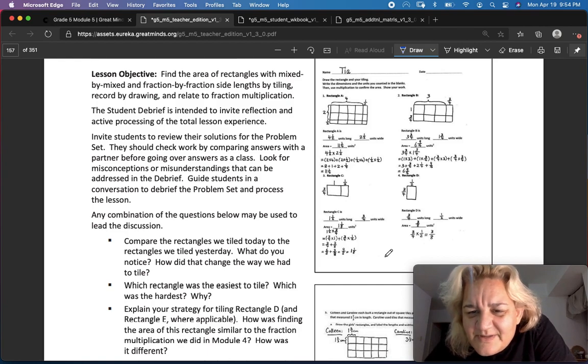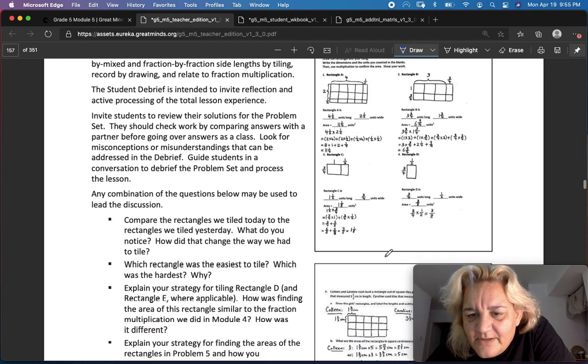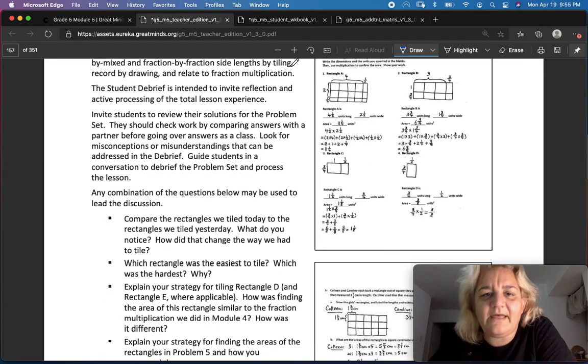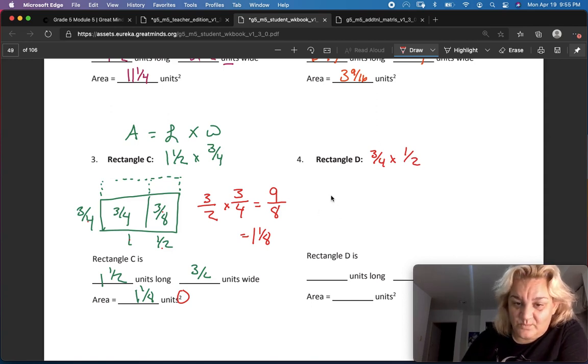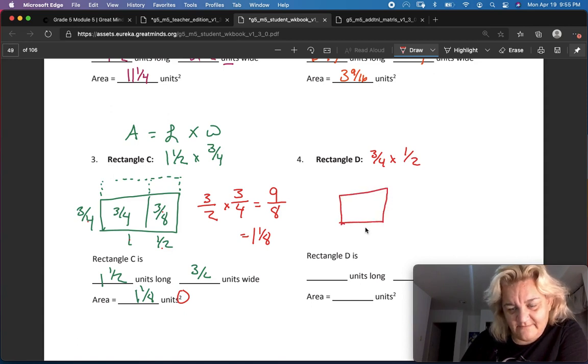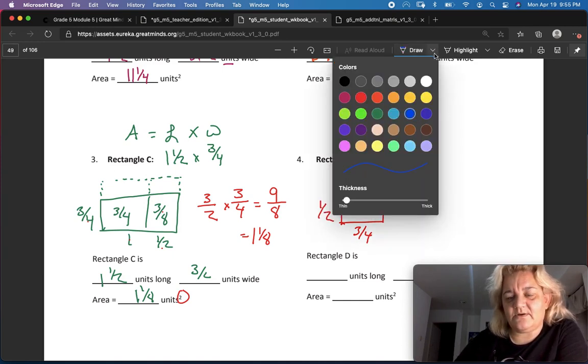And our units for number 4 are 3/4 and 1/2. Okay, I'm going to write that up here. 3/4 times 1/2. So this is all smaller than 1. If my length is 3/4 and my height is 1/2, I can show you what a whole would look like.